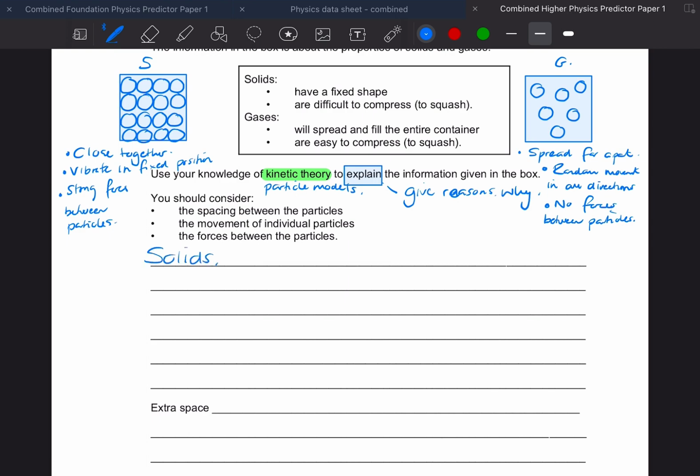And let's see if we can explain the fixed shape. It's not really good English, is it? Solid fixed shape. So it says solids have a fixed shape. Let's turn it into lowercase. So solids have a fixed shape because, let's have a look at which of these properties explains it.